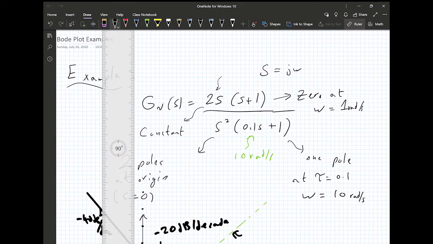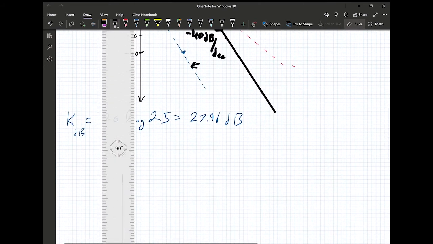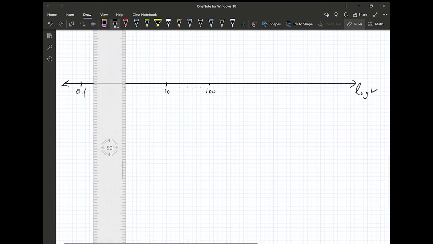Now s squared, the double pole at the origin, gives me a phase of minus 180 degrees. The constant has a phase of 0, and each pole at the origin gives minus 90, so the total is a constant minus 180. So we're starting with minus 180.